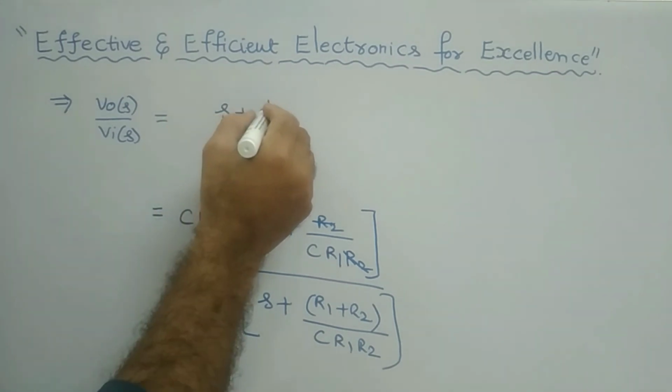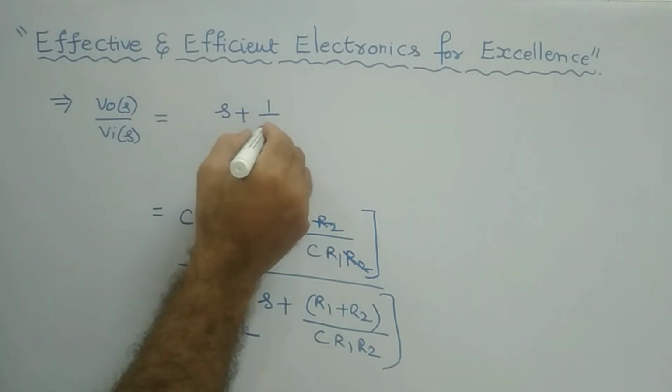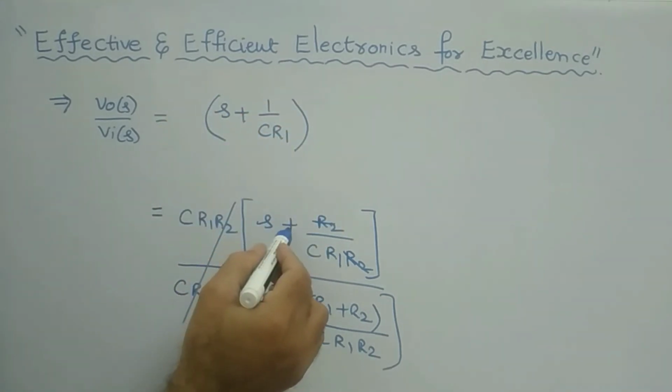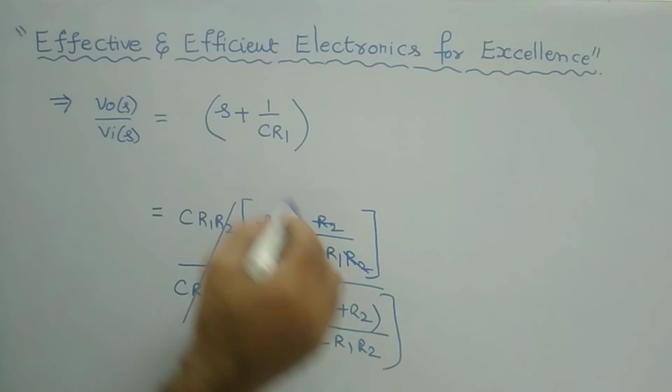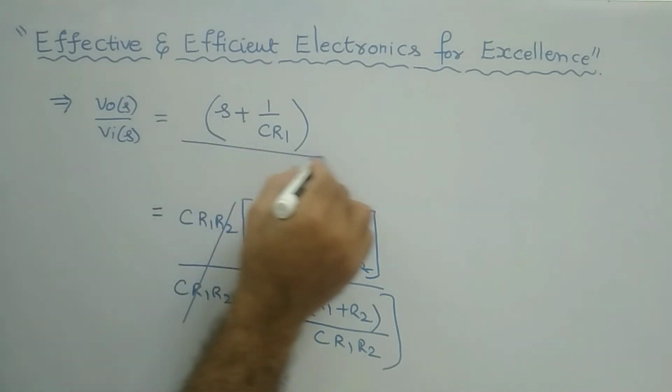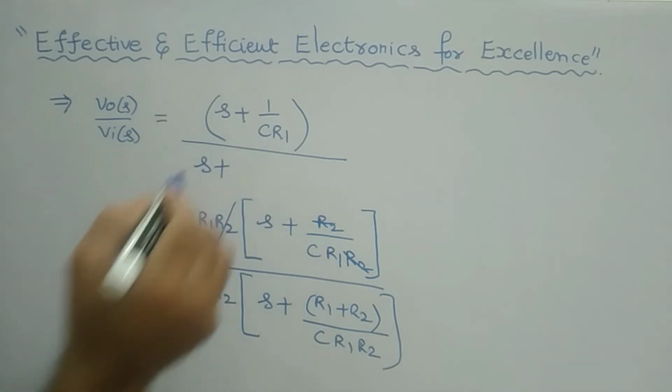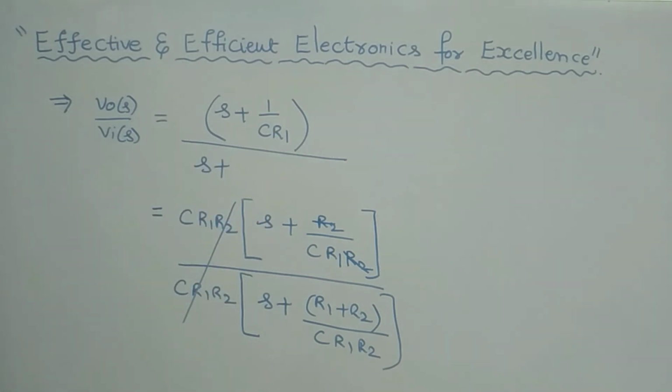S plus 1 by CR1, is it not? Then S plus what you will have in the denominator? R1 plus R2 by C into R1 into R2.